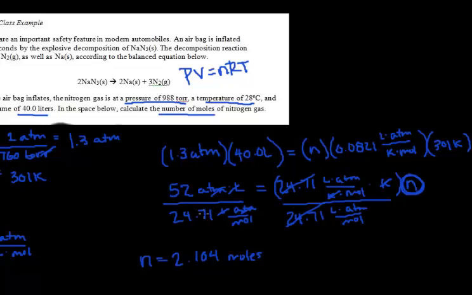And then I did the same over here, divided by 24.71. My answer was 2.104. I need two significant figures because this number right here is the fewest number of significant figures in the question, and so that makes this answer 2.1 moles. That's what N equals.